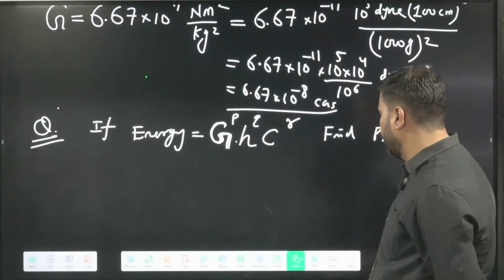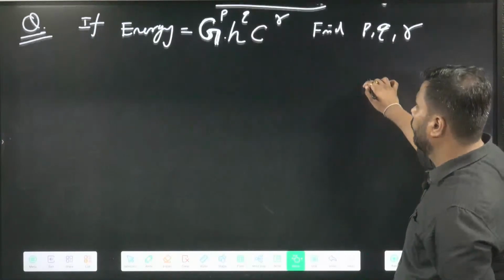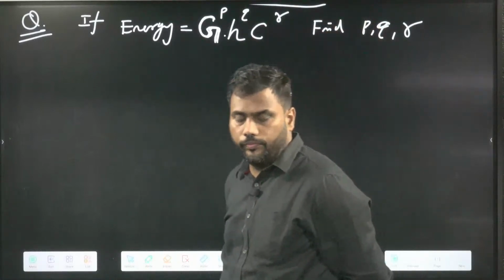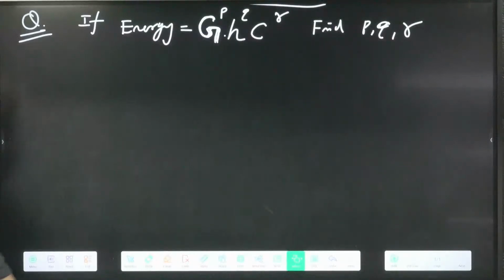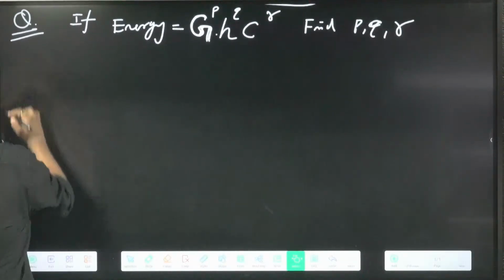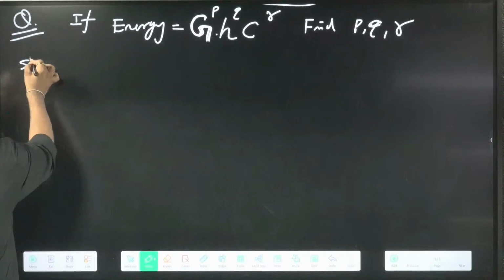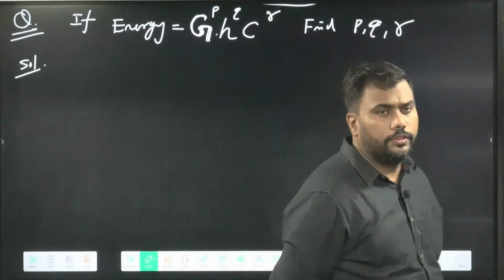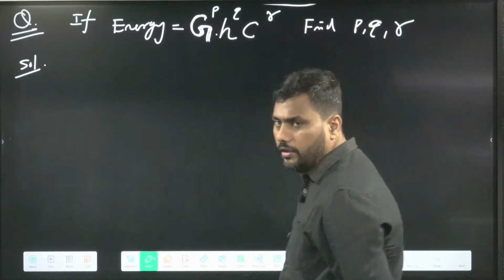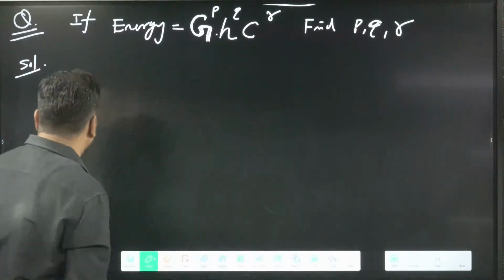This is a little lengthy question. G is the universal constant of gravitation. What is the dimension of the universal constant of gravitation?